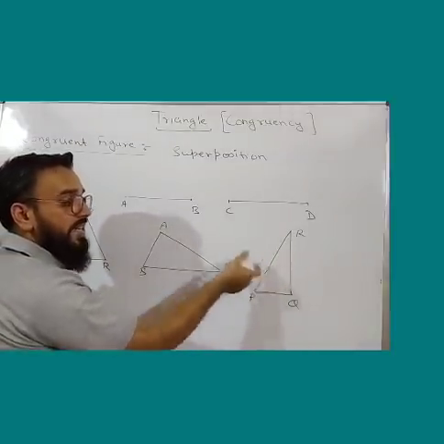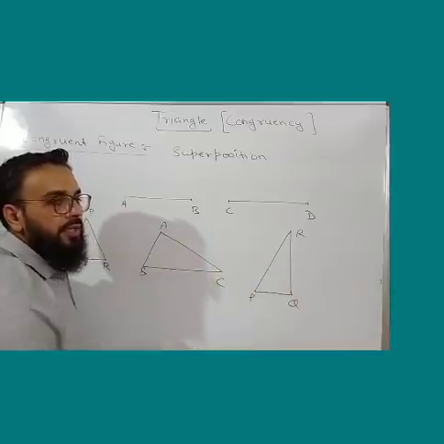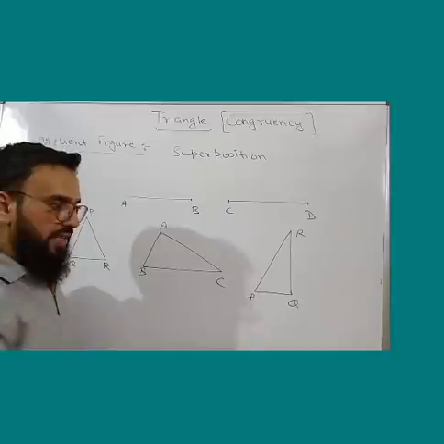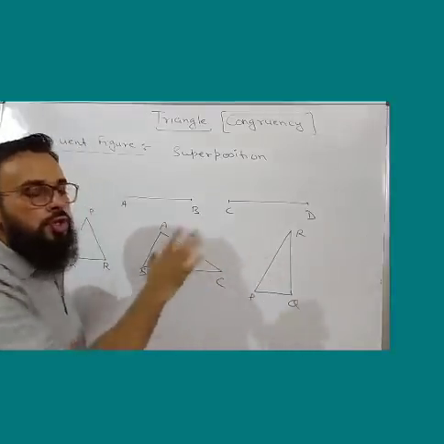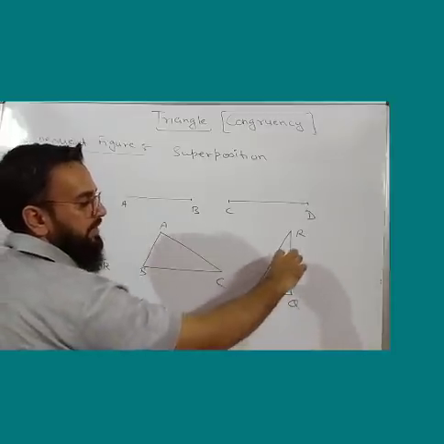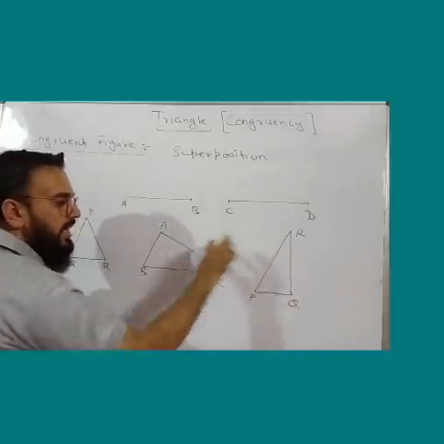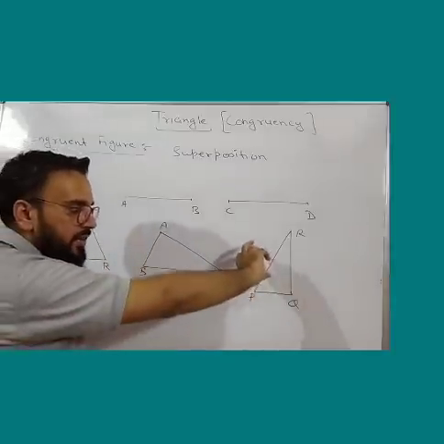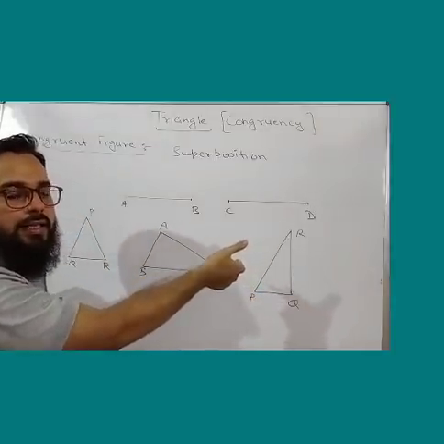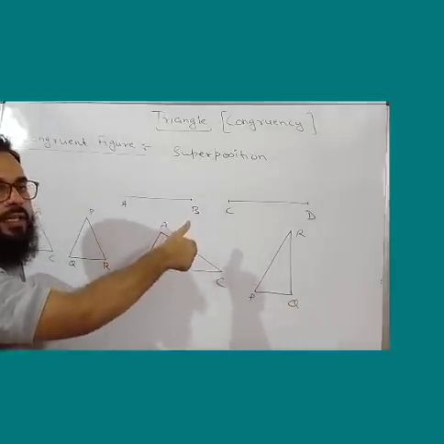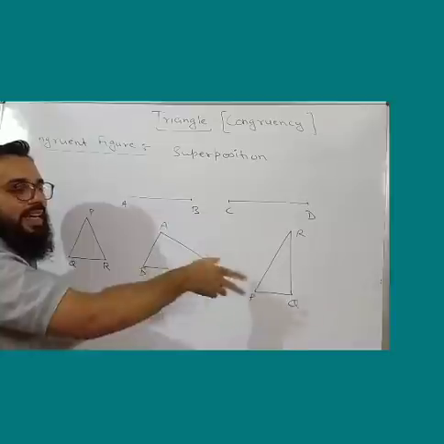For checking the congruency of two figures, we can rotate them in any direction. We have to check the superposition of each other. So suppose we take the triangle PQR. If we put triangle PQR just like it is, then it will not cover the triangle ABC. But if we rotate this triangle PQR and place it on this triangle by rotating, then they can also be congruent.